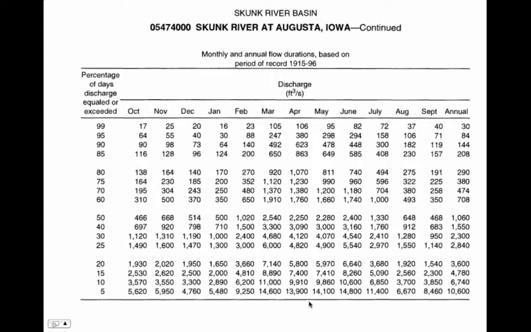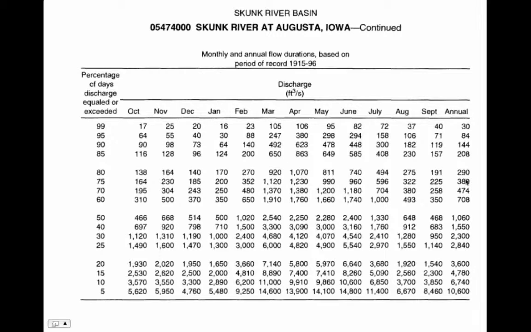Now here's the data for the Skunk River. What was our minimum flow that it's going to operate at? It's 260 cubic feet per second. So we could go down to the 80th percentile: 80% of the time, there's 290 cubic feet per second or more.